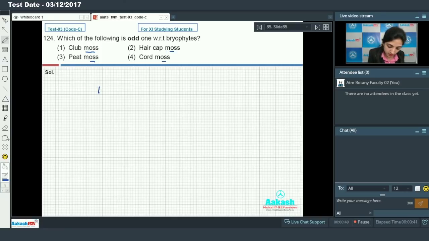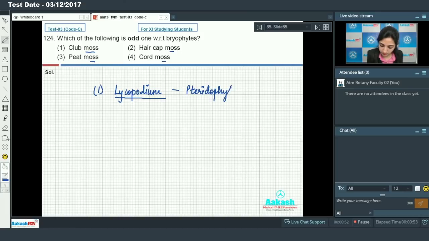Club moss is Lycopodium, and we know that Lycopodium is a pteridophyte. Hair cap moss is Polytrichum. It is a bryophyte.